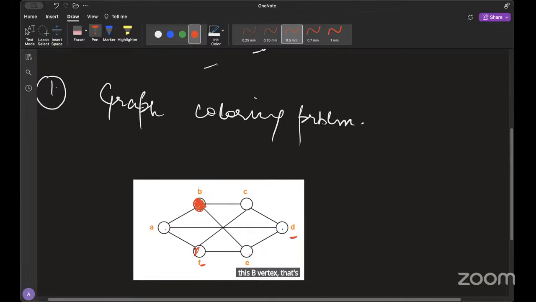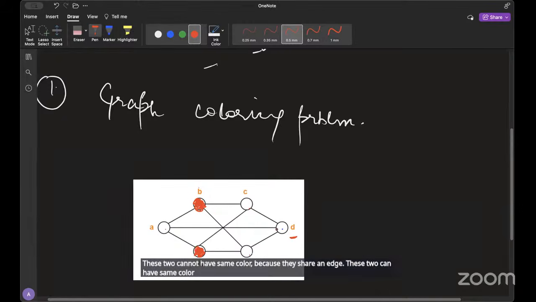That's why we can color them red. Our aim is to use the minimum number of colors to color all the vertices in such a manner that no two adjacent vertices have the same color. That means if two vertices are sharing an edge, they should not have the same color. These two cannot have the same color because they share an edge. These two can have the same color because they don't share an edge. So this could be red.